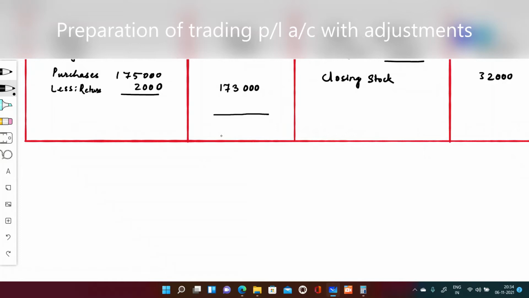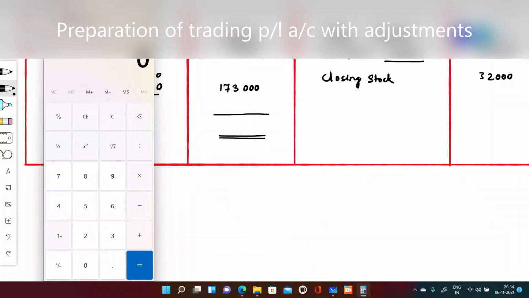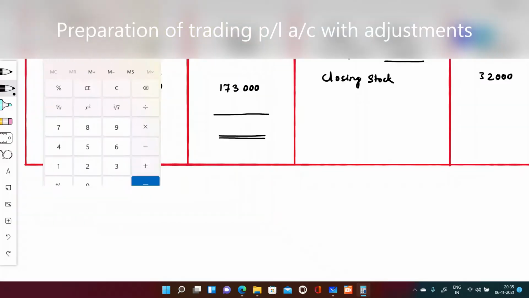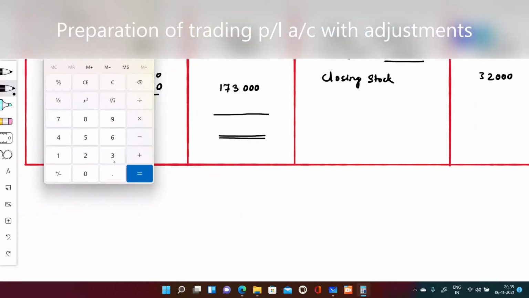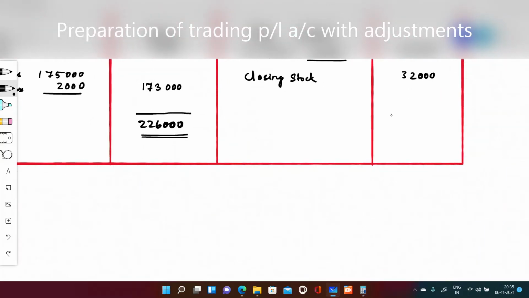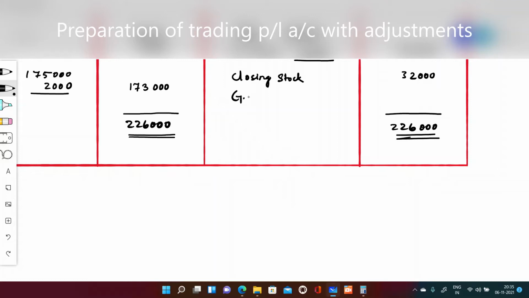First, on both sides I will calculate the total amount. That is 1,73,000 plus 53,000, that is 50,000 plus 3,000, so it comes to 2,26,000. On both sides I will write 2,26,000, and I will calculate the gross loss here.